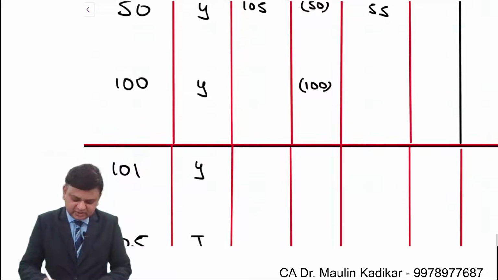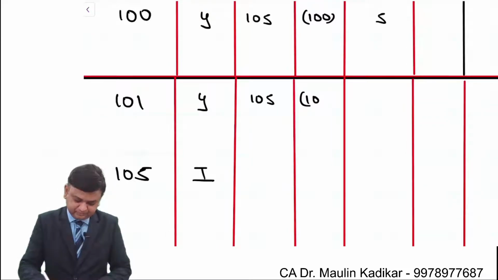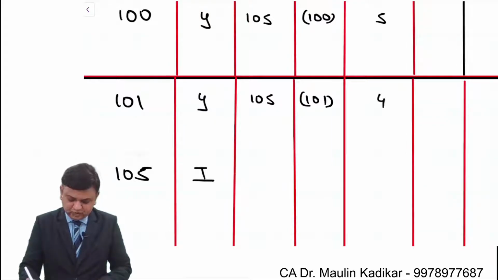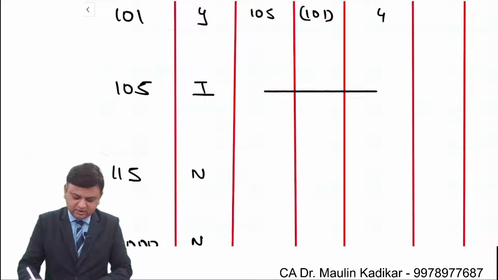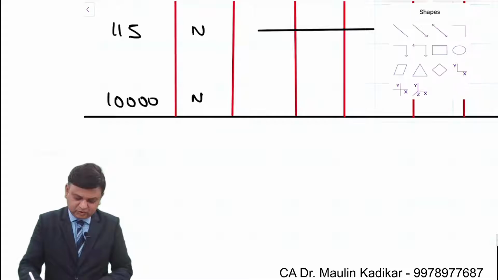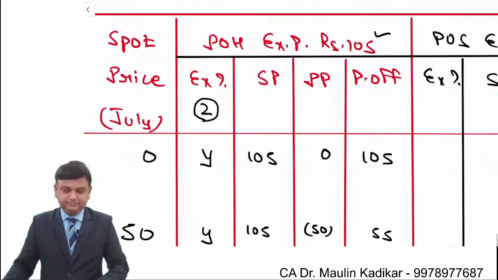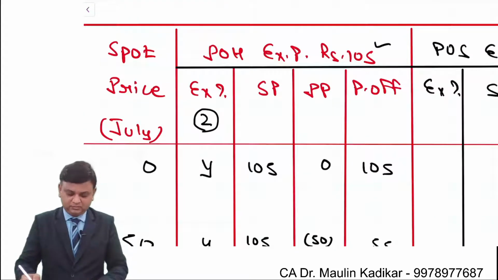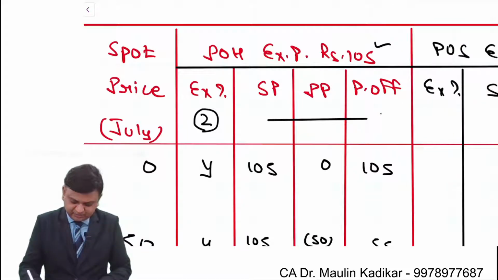If you do not exercise your right, or you are indifferent, the amount of the payoff will be 0. So in these questions, the payoff will be 0. That is what we understand. This is step number 3, the calculation of the payoff.